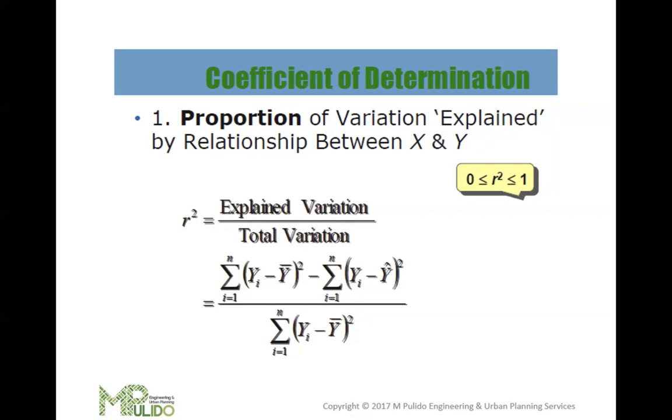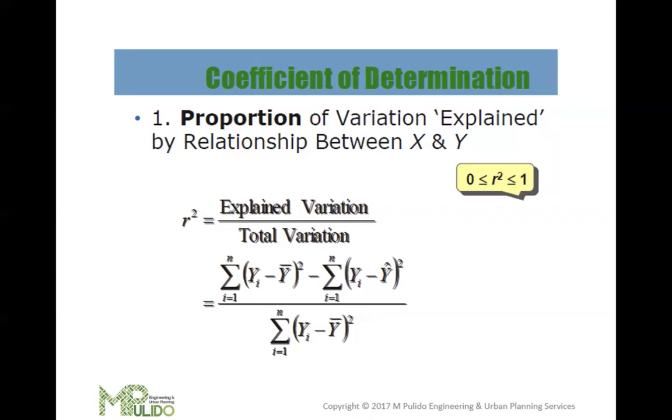But yi is the actual value of the dependent variable, while y bar equals the mean of the dependent variable. Then the other one, accentuated there, is the predicted value of the dependent variable.